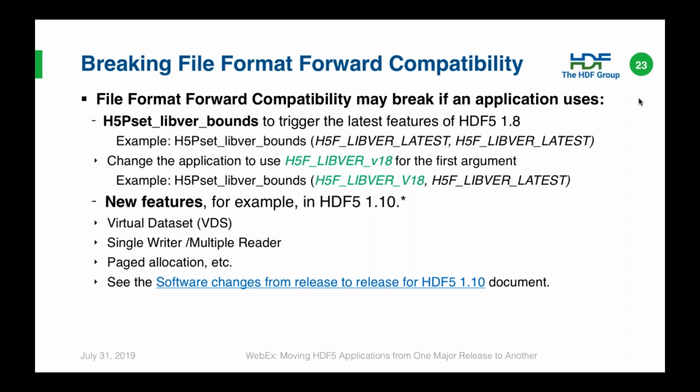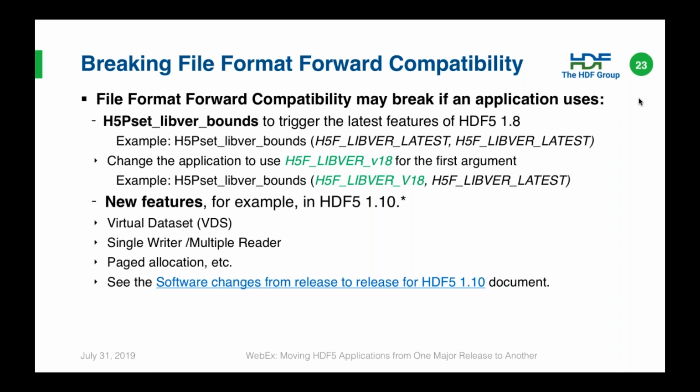If, for example, when you used version 1.8, you decided to take advantage of the latest file format and you used the function that we provided at the time, H5Pset_libver_bounds, and you told the library to use the latest versions of every object when creating the file. So when the application was moved to 1.10 or 1.12, it means the library is still using the latest version, but the latest version of the object in 1.12 may not be the same as the latest version in 1.8.